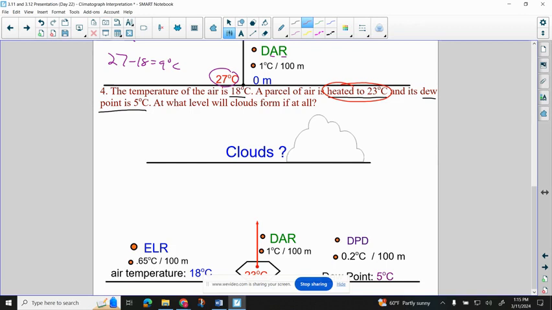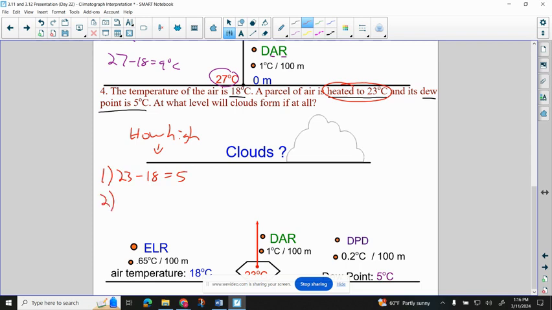Okay, so on this side over here, we're going to look at how high the air will rise. In order to do that, we look at the parcel of air, which is at 23 degrees, and the surrounding air, which is at 18 degrees. Step one is always take the difference in temperatures, so 23 minus 18 is equal to 5.